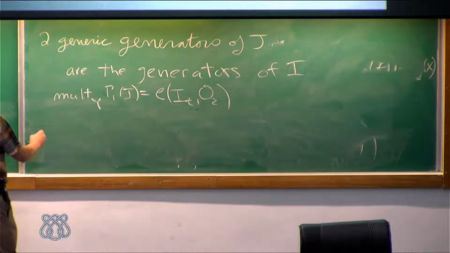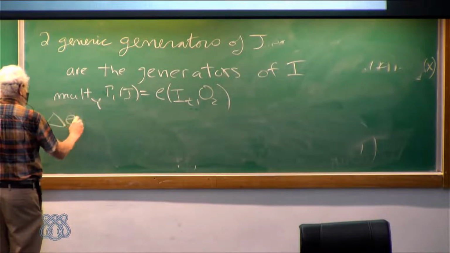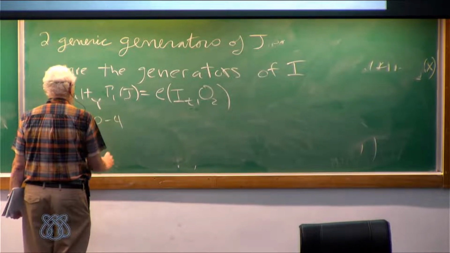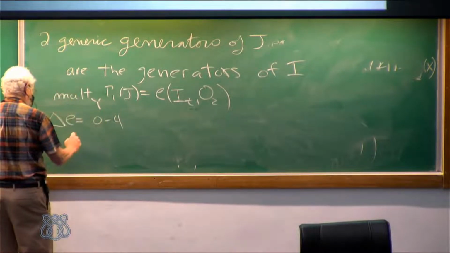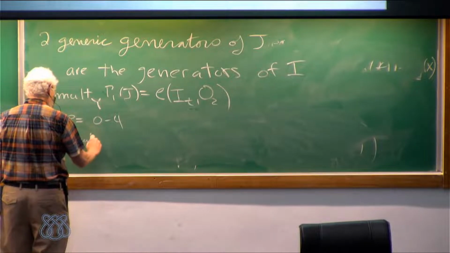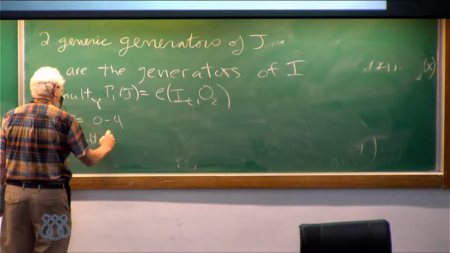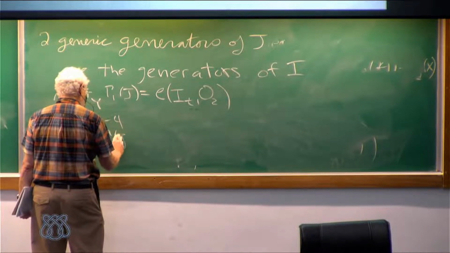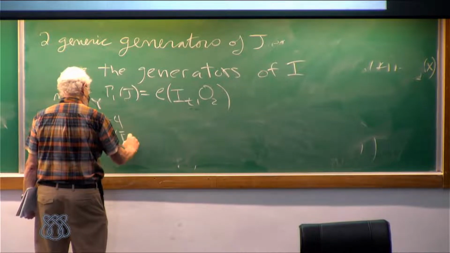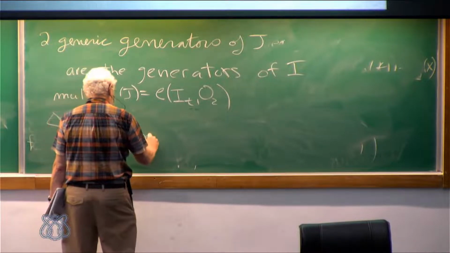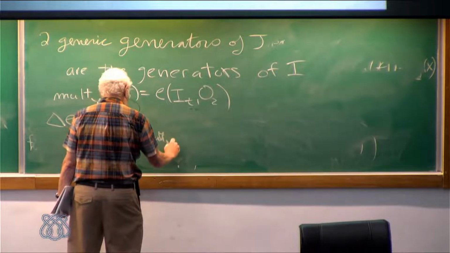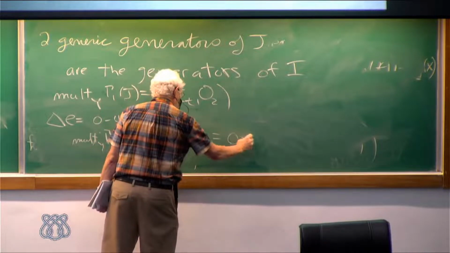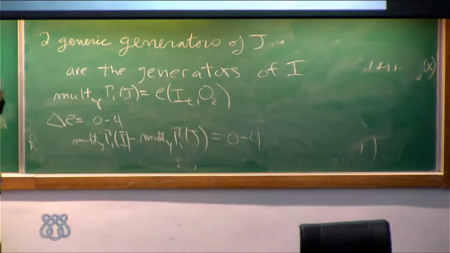And so finally we wind up with the change in e equal to, on the one hand, 0 minus 4, and the multiplicity over y of gamma 1 of I minus the multiplicity over y of gamma 1 of J is equal to 0 minus 4 also. So the theorem checks.